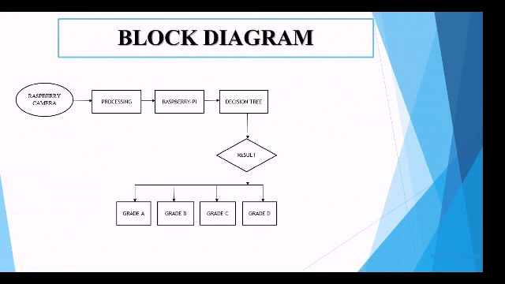This is the block diagram of the project. In this, we can see the Raspberry Pi camera processing and the Raspberry Pi decision tree result. The Raspberry Pi camera is put on top of the bed. The moving belt is driven by DC motors, and the cashews are moved from one end to another.